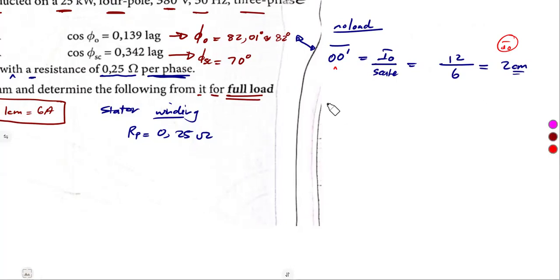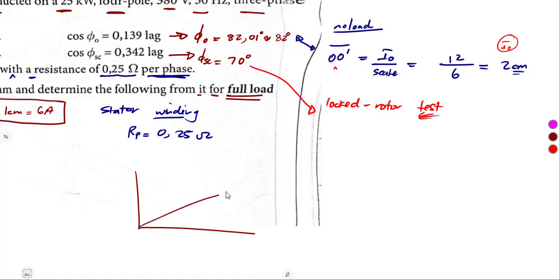Then we also have the locked rotor test, which is our short circuit. Already the angle we have it. The short circuit angle is there. But remember, we said we are going to need the short circuit current that operates at a normal voltage.